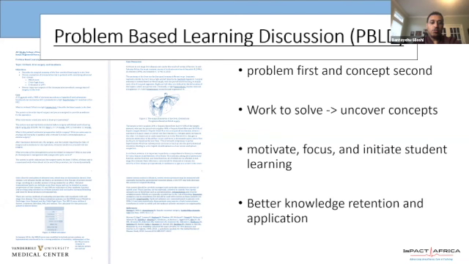And you want to make sure that your students work to solve the problem, and as they are working to solve a problem, that's how they uncover concepts. It is helpful because it motivates students, it helps them focus, and engages the students better in their learning. And studies have shown that it gives better knowledge retention and application. You click next.